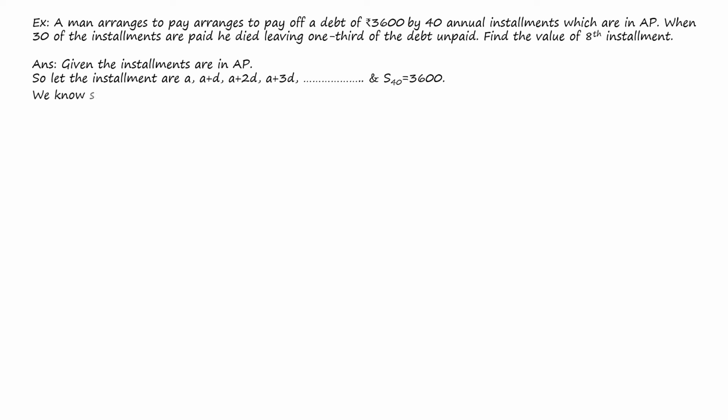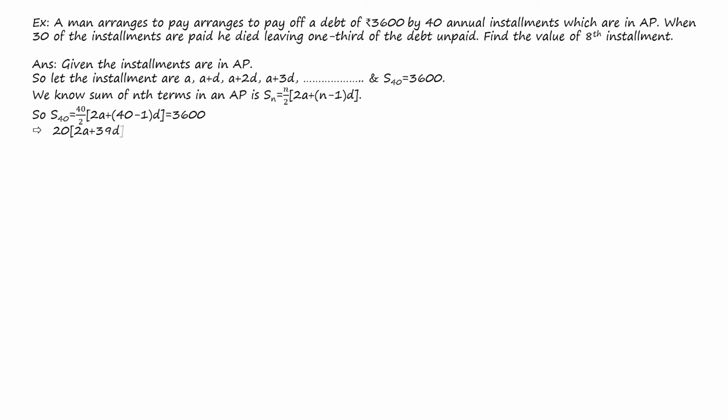Now we know that the sum of n terms in an AP is Sn equals n by 2 whole into 2a plus n minus 1 whole into d. So S40 equals 40 by 2 whole into 2a plus 40 minus 1 whole into d, that is equal to 3600. On solving it, we get 2a plus 39d equals 180. Let this be equation 1.